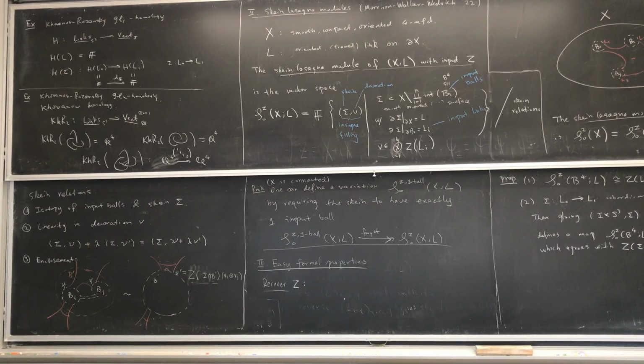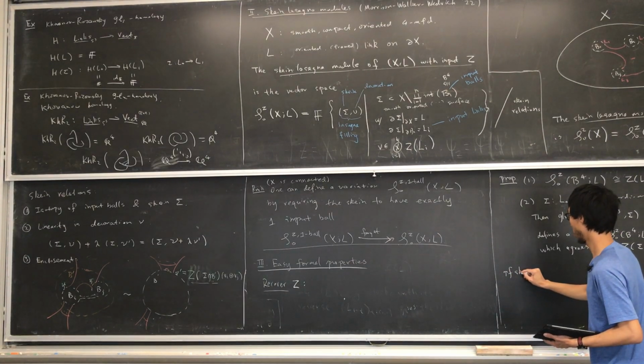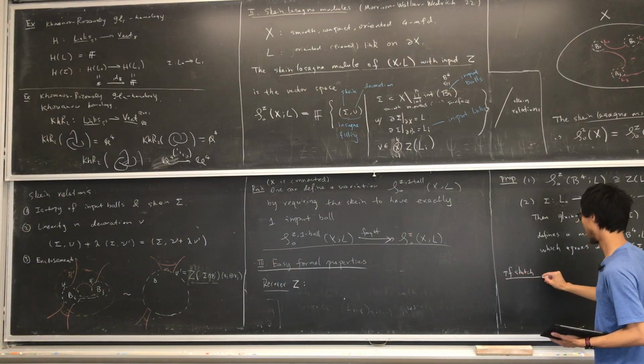So the skein lasagna module package remembers all about the input homology theory. I'll just say the idea of number one, and I'll skip number two.